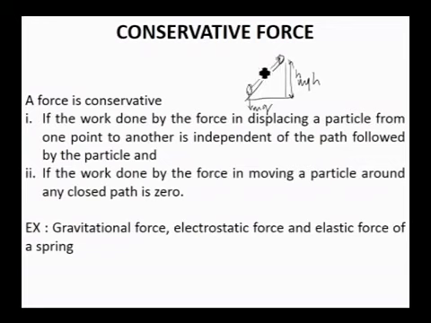So I am displacing this particular body in this direction, and in the process I have done some work. Now suppose instead I take it up by steps, but this height h is the same. Even if you go up the steps, the work done is once again the stored potential energy, basically mgh only. So it is independent of the path. Then we call it a conservative force. If the work done by the force in moving a particle around any closed path is zero.